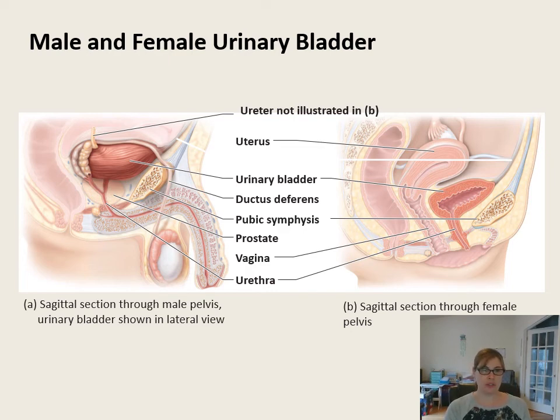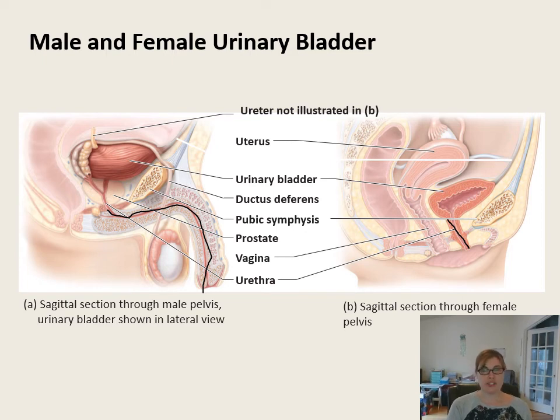But what I want you to notice in this picture is, again, not only the shape of the bladder and the location of the bladder, but I want you to notice the urethra. The male urethra is about 10 inches long, and the female urethra is about 2 inches long.